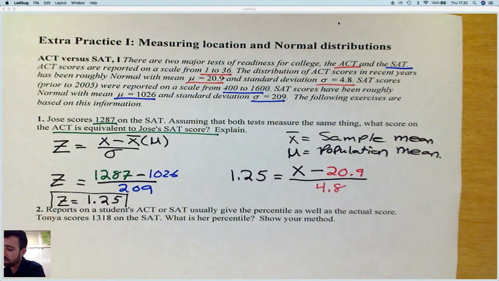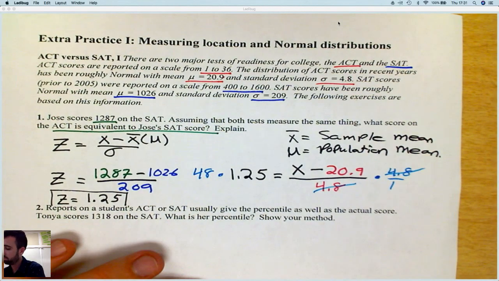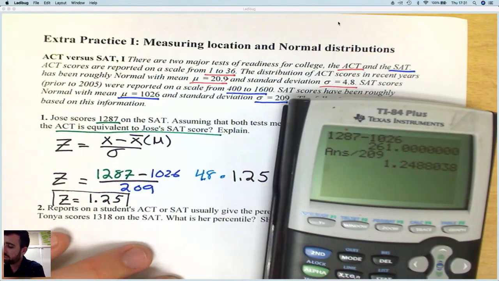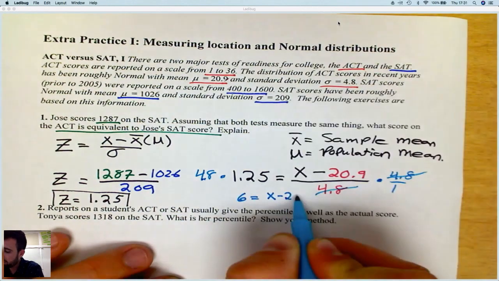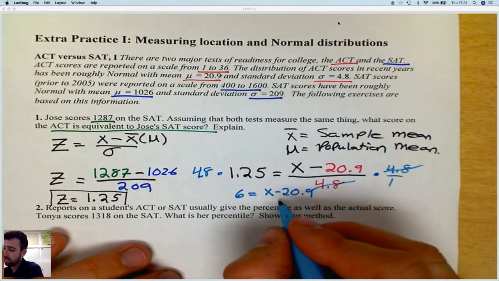But whatever I do to one side, I have to do to the other. So those are going to cancel. And 4.8 times 1.25 gives me 6. So 6 equals x minus 20.9. I'm going to add 20.9 to both sides.